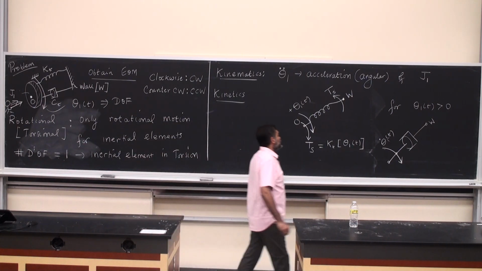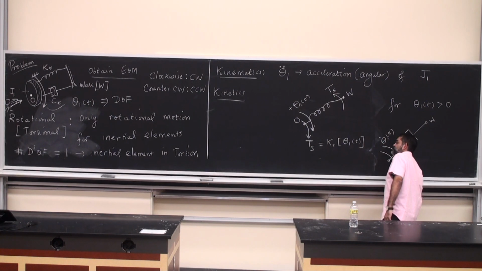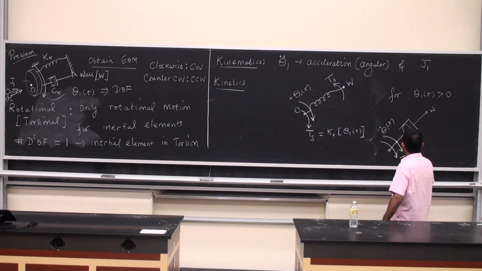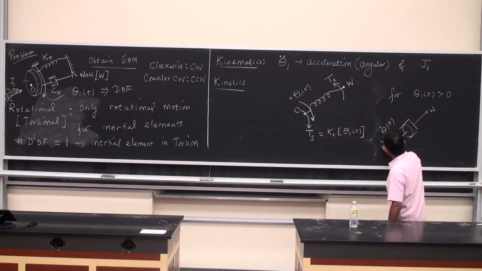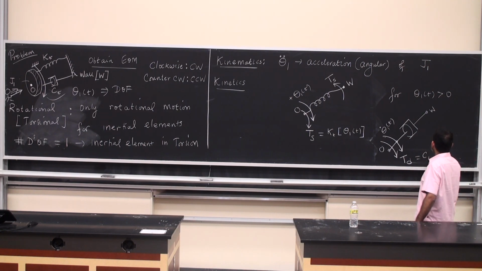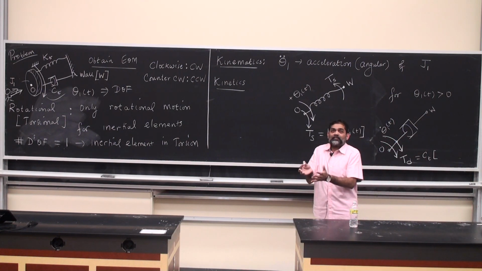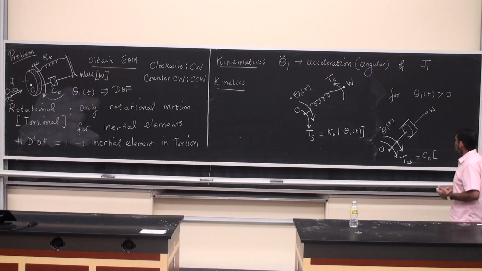And so I'm going to have a torque here in the same sense. I'm going to call this T suffix D. You can call this point O if you want. And T suffix D is going to be the damping constant multiplied by the relative velocity across the ends of the damper. One end is fixed, the other end is rotating with theta 1 dot, so obviously the relative velocity is theta 1 dot.